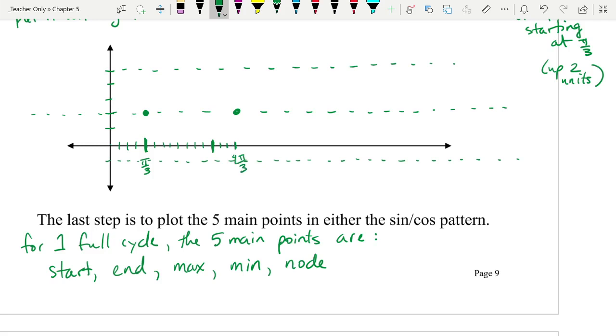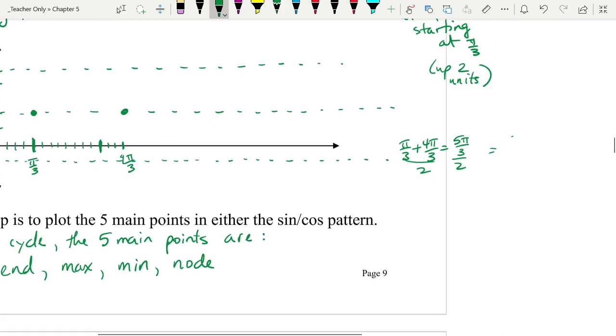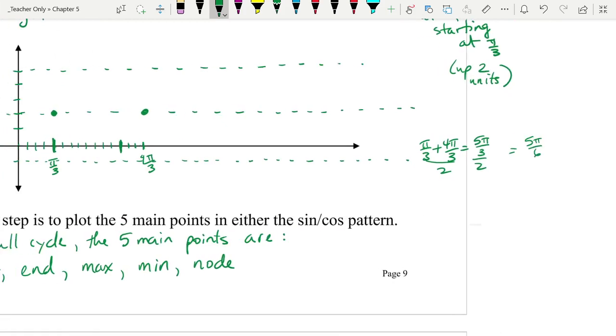Let's find the node. How do you find halfway between two things? Exactly. Add them together and divide by 2. Pi by 3 plus 4 pi by 3 is 5 pi by 3, but I'm dividing them by 2, so that is 5 pi by 6.